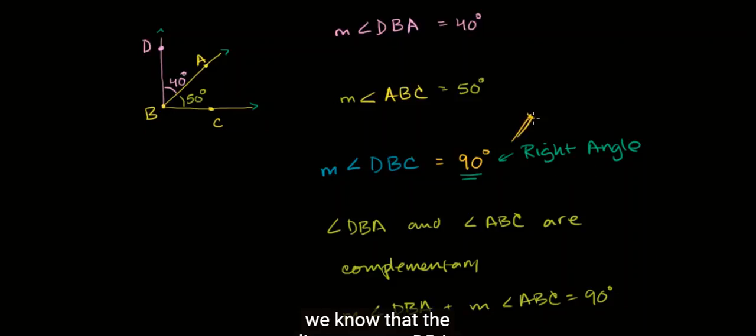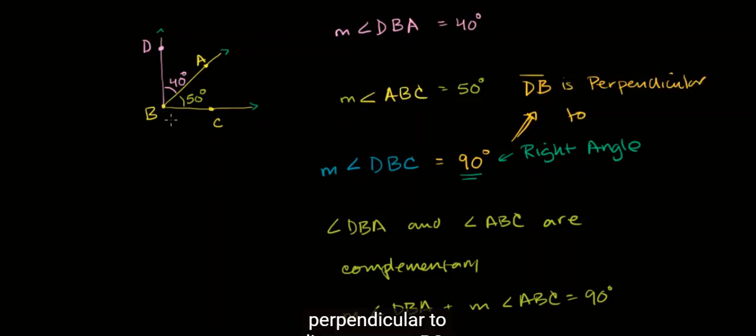so this tells us that the line segment DB is perpendicular to line segment BC.